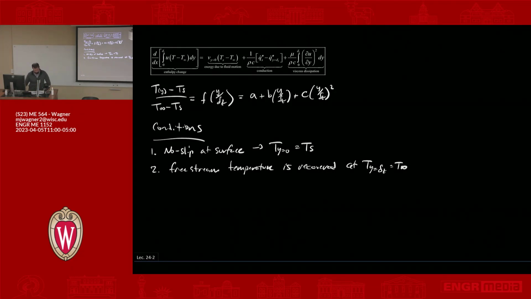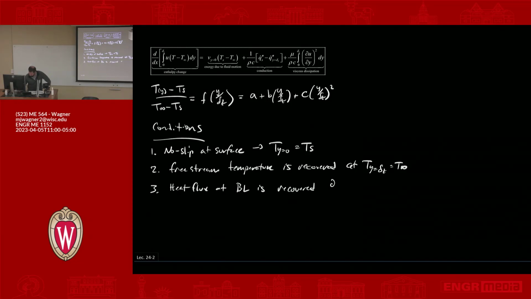The third one would be related to heat flux. The heat flux at the boundary layer edge is recovered.